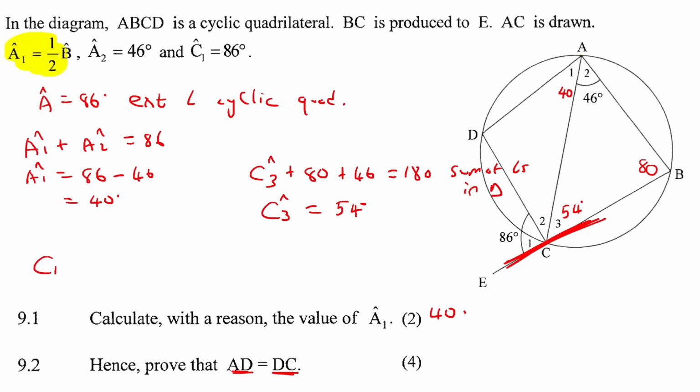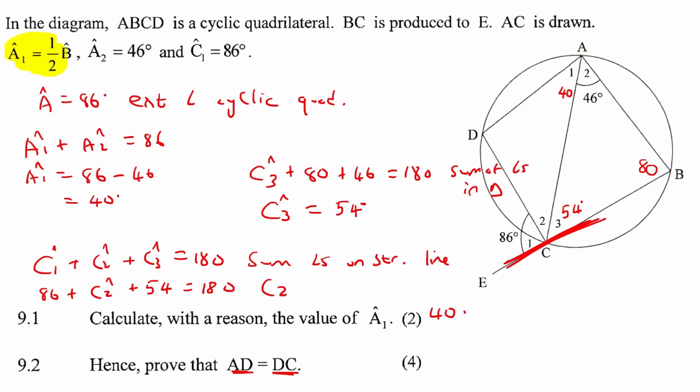So we could say that angle C1 plus angle C2 plus angle C3 must be 180 because they are the sum of angles on a straight line. And so if you fill that in, 86 plus 54, and then if you had to work out C2, you would eventually get 40. If these two are the same, then the sides opposite must also be the same. So that means that AD must be the same as DC because they are the sides opposite equal angles.